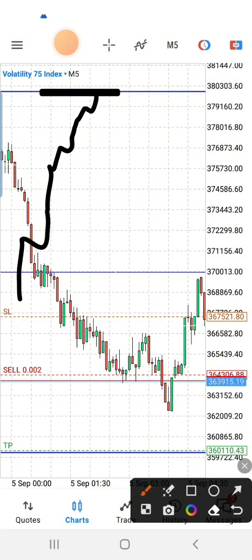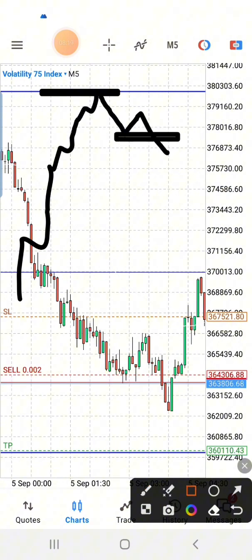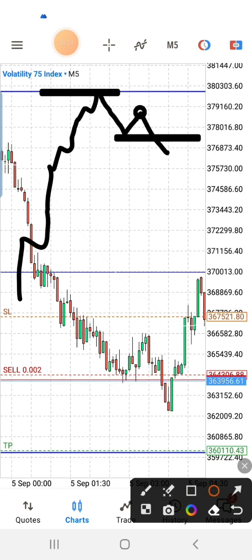Now going to this zone, the price started creating a lower high, lower low. Okay, so at this point the price has shown you a bearish reversal pattern on a lower time frame, right? So when you see this low being broken and the high could not break the previous high, which is this high here, it is a sign of reversal, right?